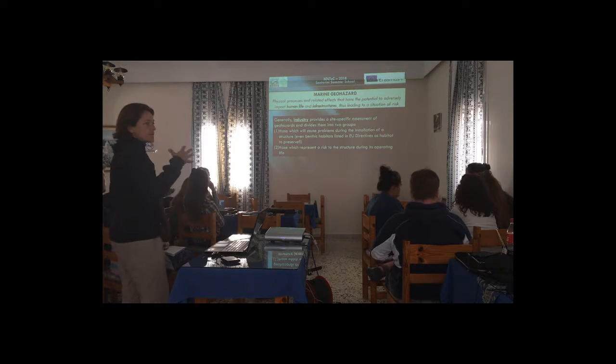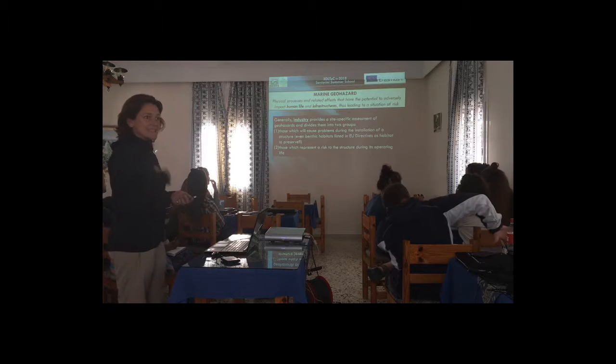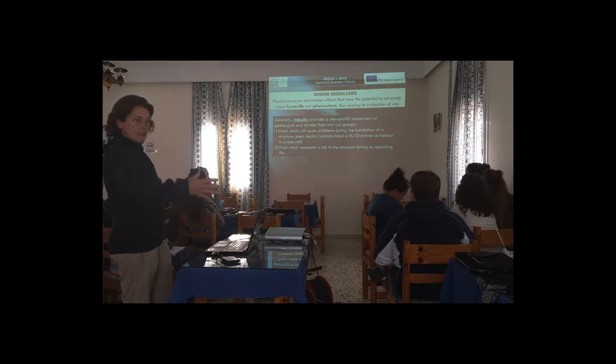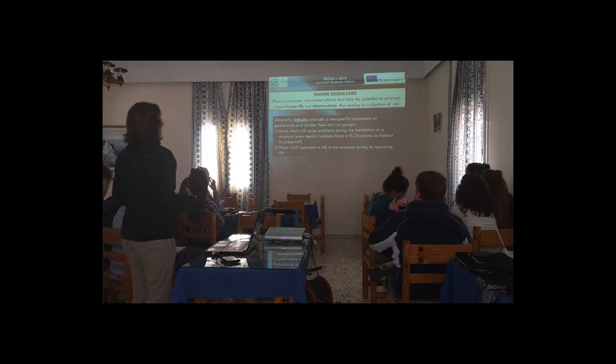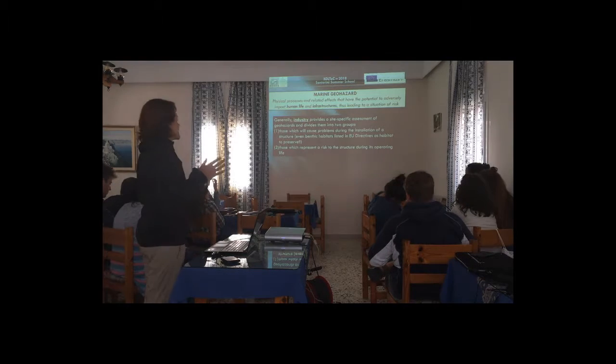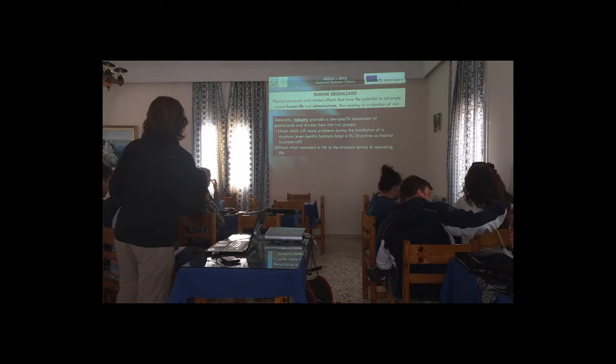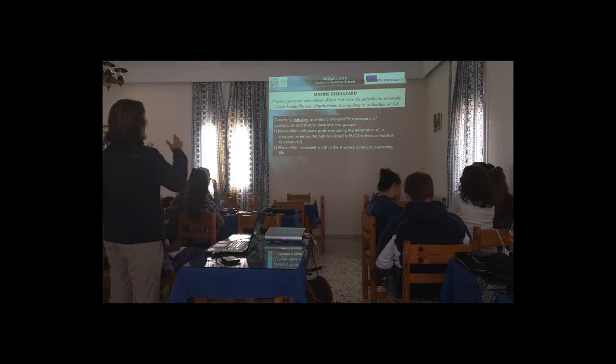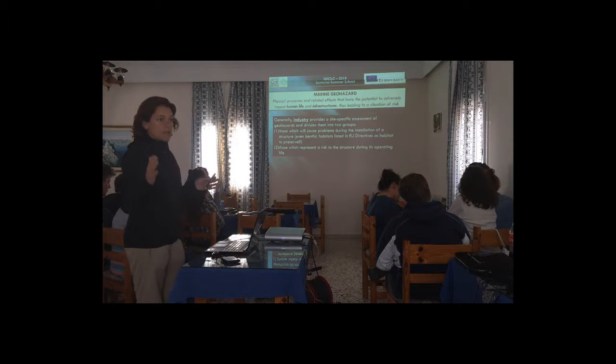Any kind of infrastructure or facilities that need to be built in a marine environment need deep work beforehand to assess the geohazard. And for industry, geohazards are those which will cause problems during the installation of the structure, and thus which will present a risk to the structure during its operating life.